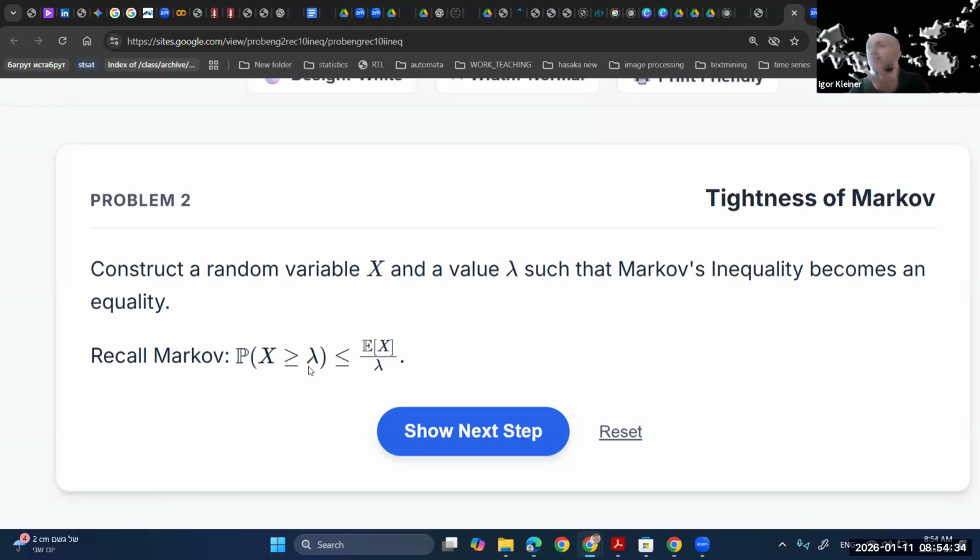We can provide an example of some random variable such that for this random variable, the inequality turns into equality. So we can conclude that it's impossible to improve Markov inequality because for some random variables, it's an equality. This is the goal of problem 2: we want to construct a random variable x such that Markov inequality becomes an equality.